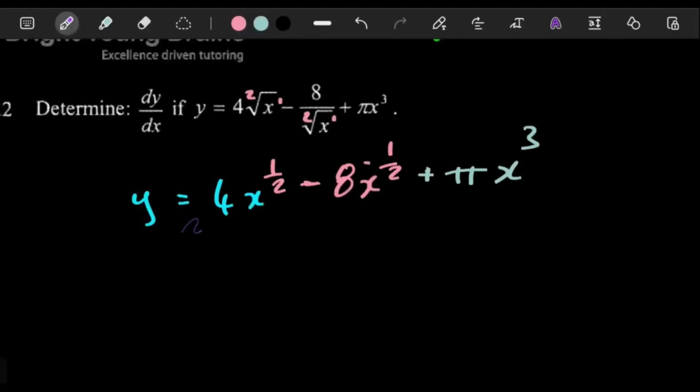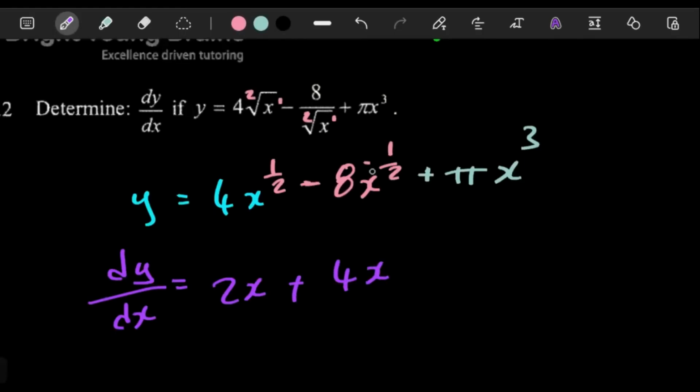So with that all being said, now we can differentiate dy over dx. A half times 4 is a 2, negative a half times negative 8 is positive 4. Negative a half minus 1 is negative 3 over 2.